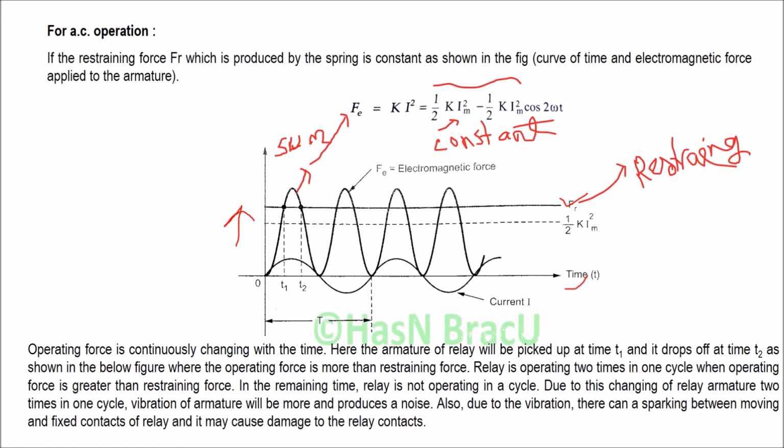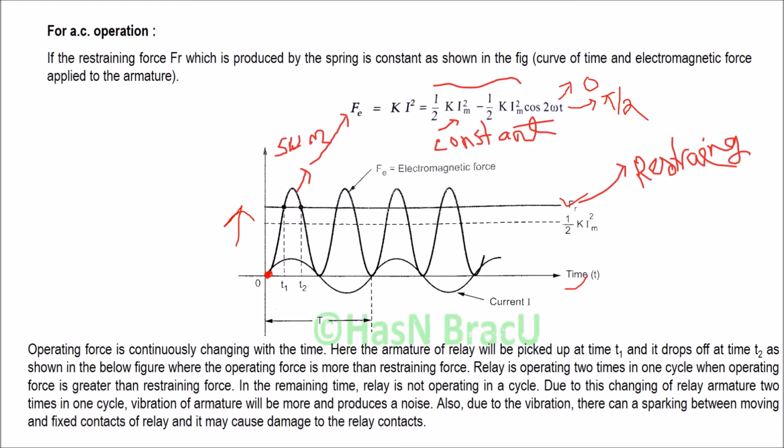Now at omega t equal to 0, what will be the value of Fe? If omega t is equal to 0, then the value of Fe will be 0. Now what will be the value of Fe if omega t is equal to pi by 2?